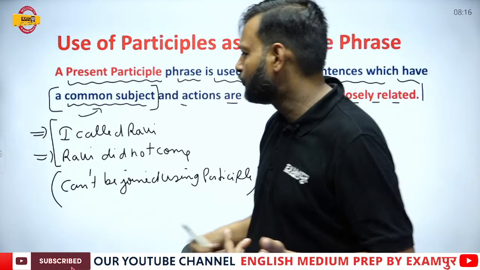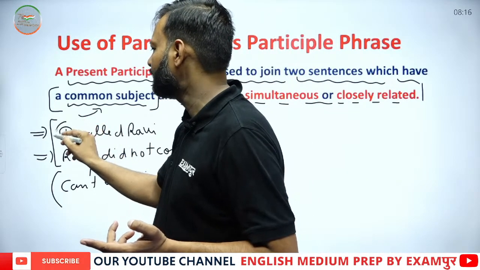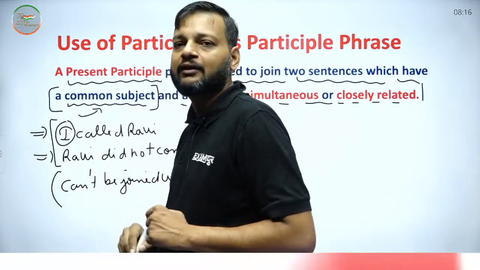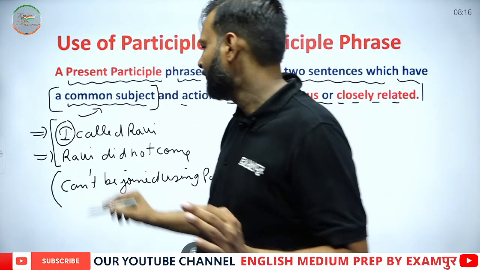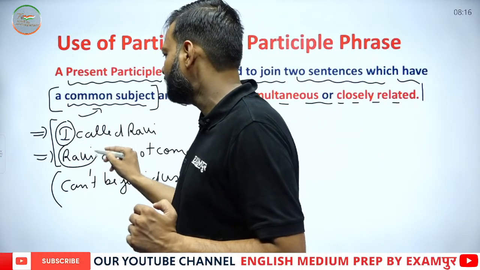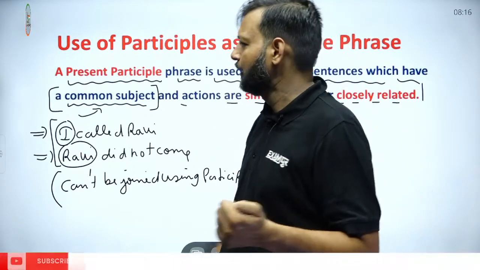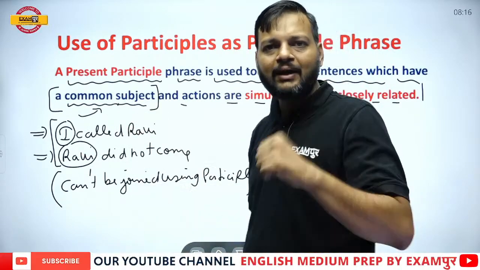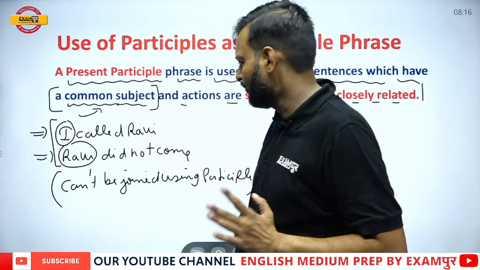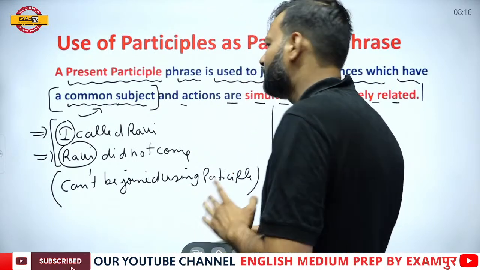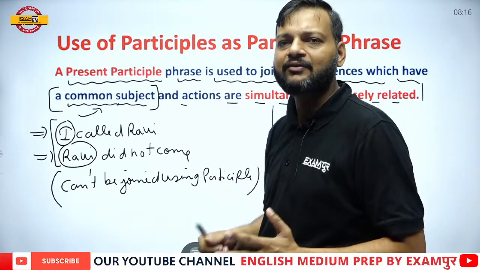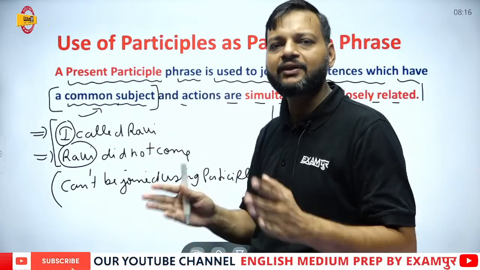Why? Because both the sentences have different subjects. In the first sentence, the subject is I, and in the second sentence, the subject is Ravi. To use a present participle, a common subject is mandatory in both the sentences. So these two sentences cannot be joined using a present participle because they have different subjects.